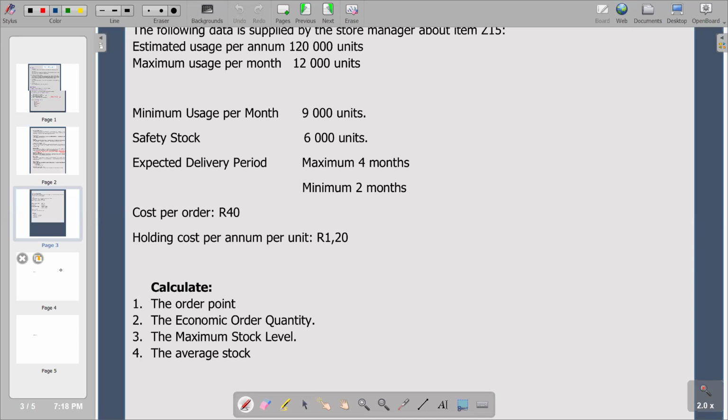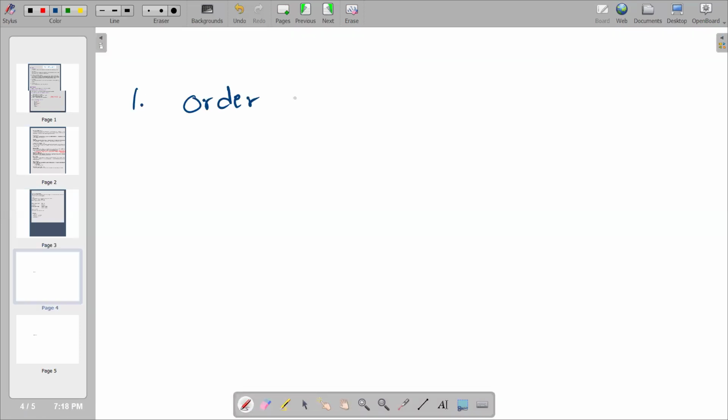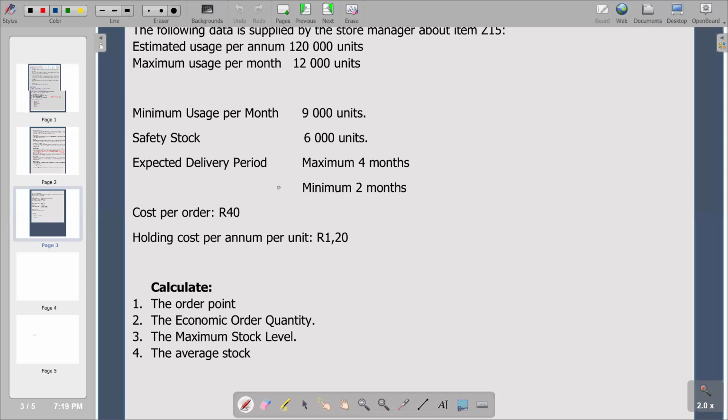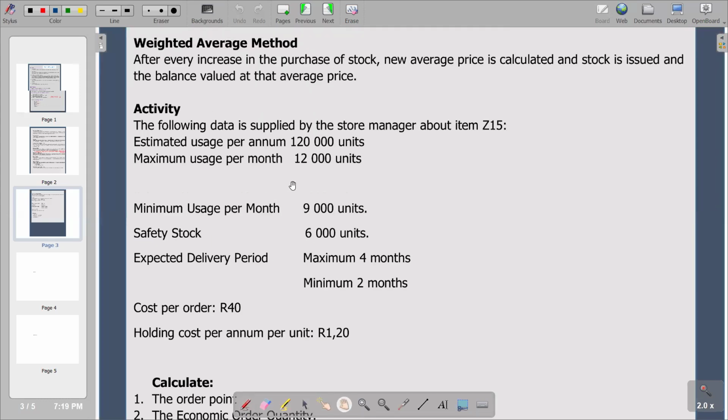You need to put down the formula first for the order point. The order point formula is equal to maximum order period times maximum usage. If you refer back to the information given, for order periods we can refer to the expected delivery period, which is maximum 4 months, minimum 2 months.